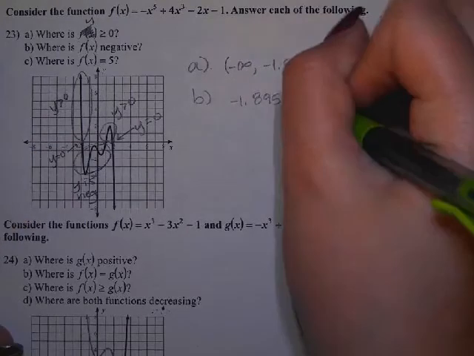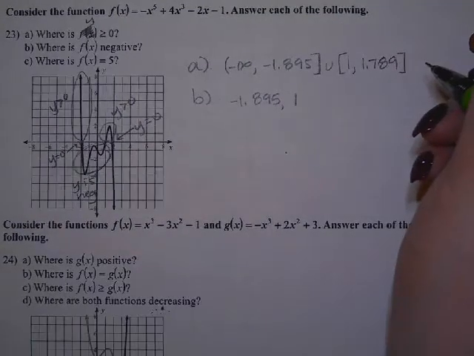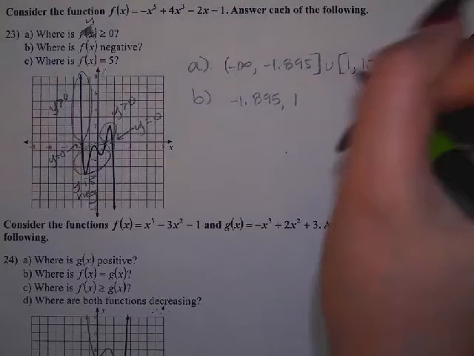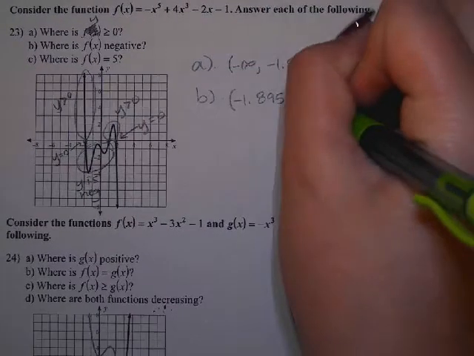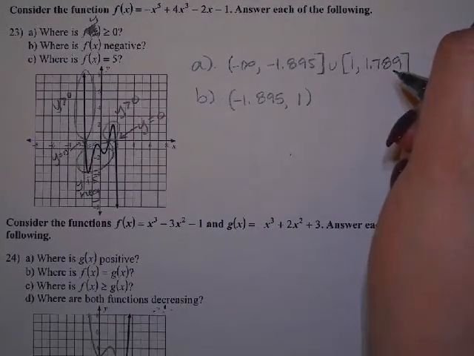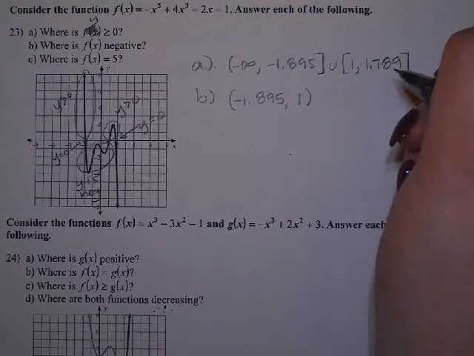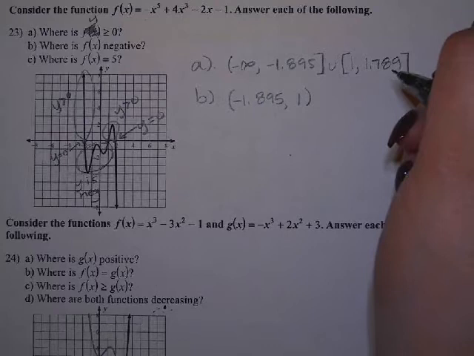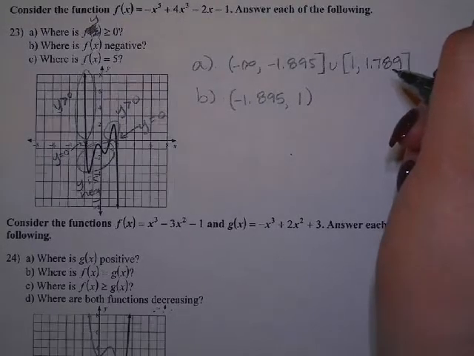To 1. Brackets or parentheses? Parentheses, because if we put brackets, we were saying that it's negative when it equals 0, and 0 is not considered a negative number. Also not considered a positive number. It's a neutral? Yeah, it's a 0 number.